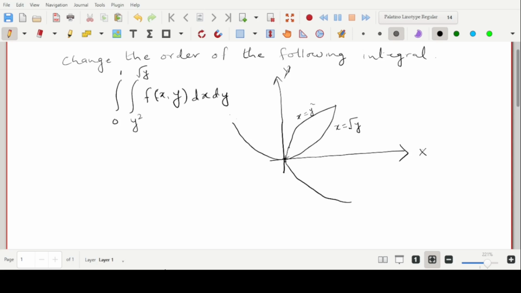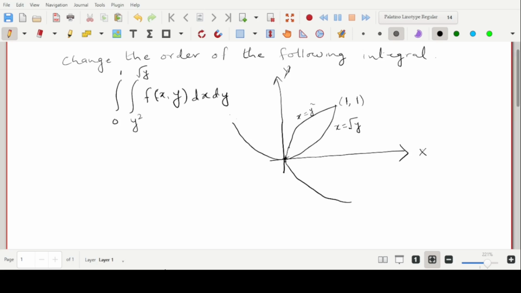Here we are considering y ranging from 0 to 1. Observe that this is 0, 0, and this is the point where these two curves meet, and the coordinates of this point are 1, 1.